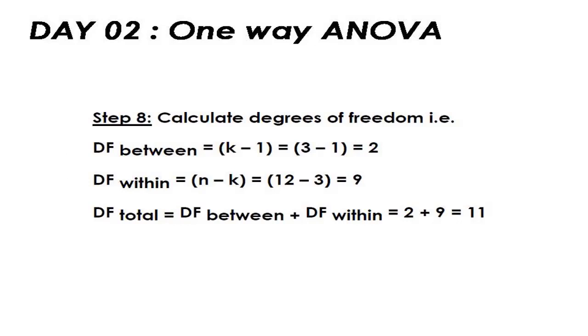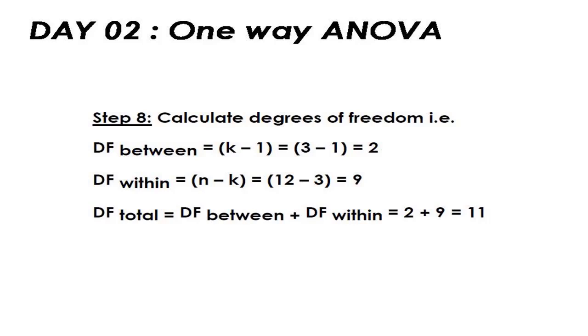The df between is equal to k minus 1, and since k is equal to 3, it will be 3 minus 1 is equal to 2, and df within will be equal to n minus k, since n is equal to 12 and k is equal to 3, so it will be equal to 9, and df total will be equal to df between plus df within, which will be equal to 2 plus 9 is equal to 11.